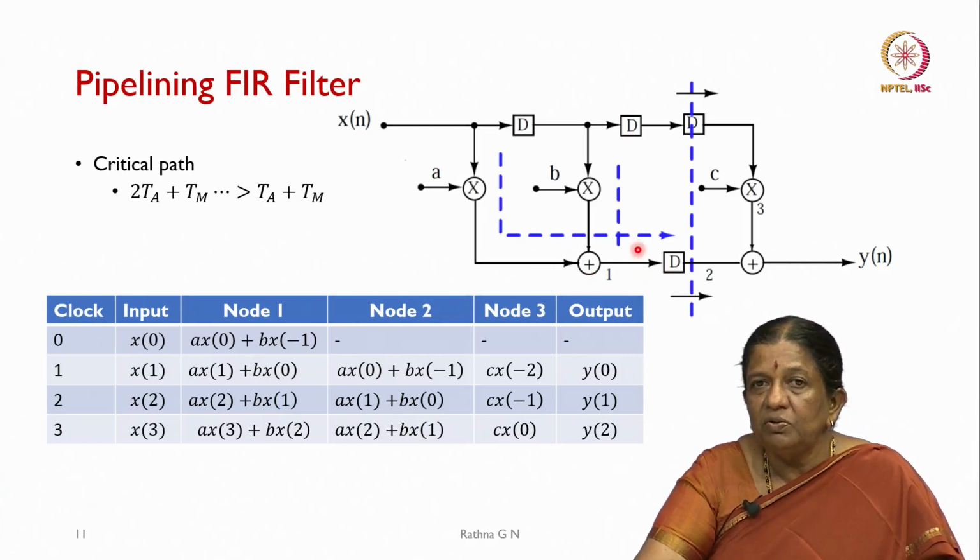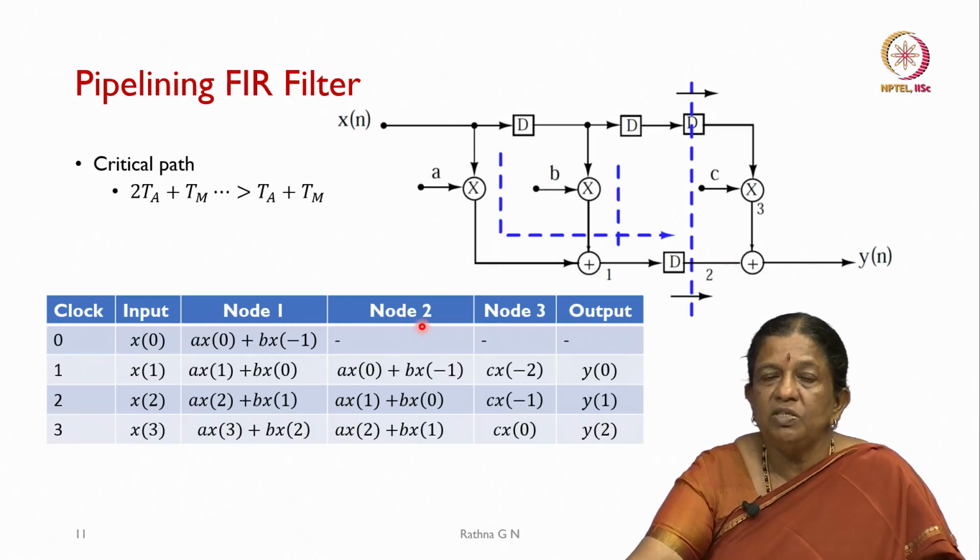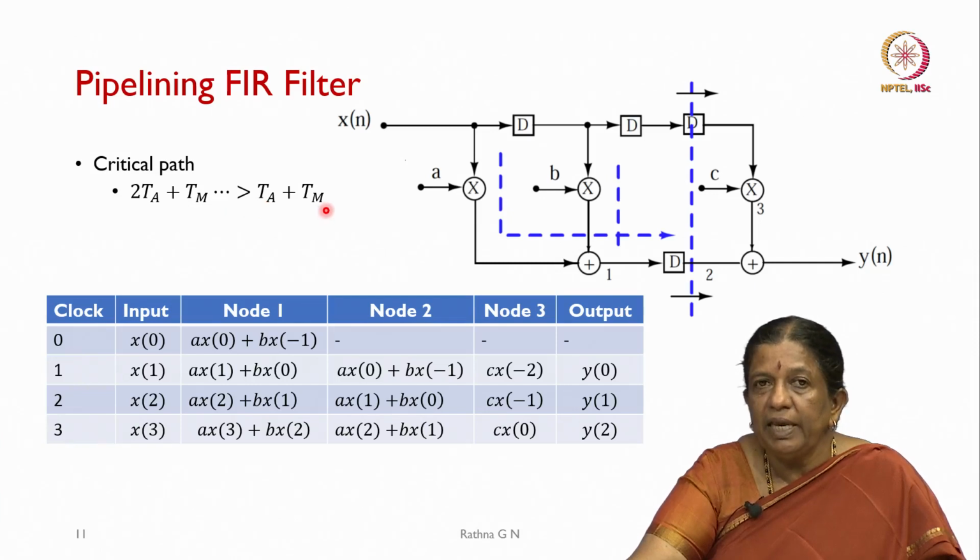And from here to here also it is going to take 1 clock cycle, and from this delay to my output is going to have 1 clock cycle. So, we make this structure as the first unit and the second unit. So, what happens to the output? The critical path changes from 2Ta plus Tm to Ta plus Tm.